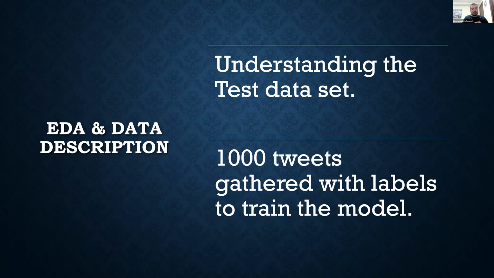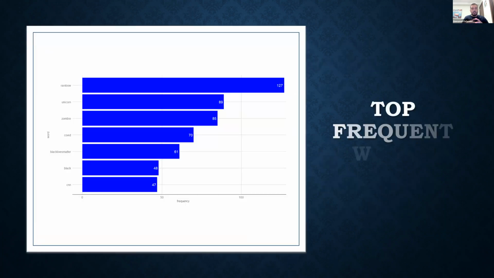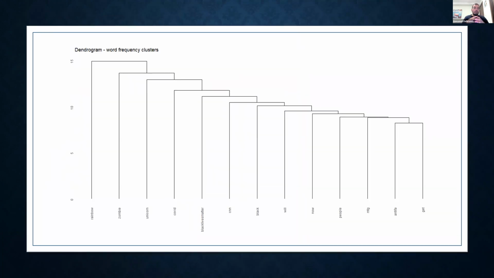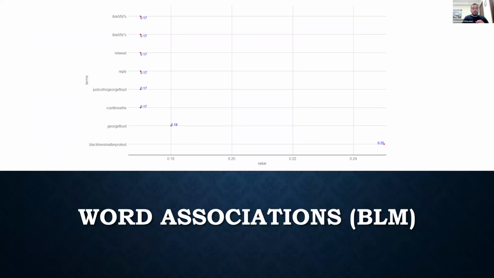In this case, with the test data set, which is 1,000 tweets, for top frequent words we see pretty much the same ones. Some of them are not showing, and we see less frequency because this is a smaller data set, right? After this, we created the same dendrogram, which is going to show us this in a different way, and the word cloud as well.